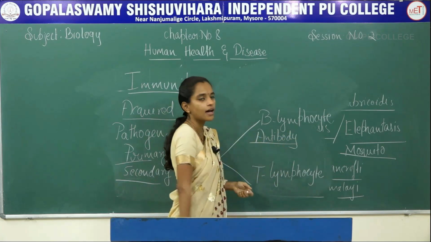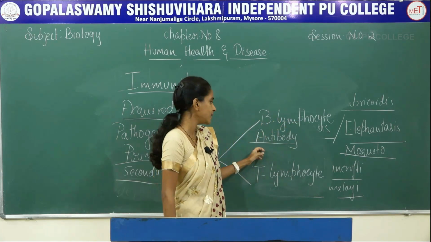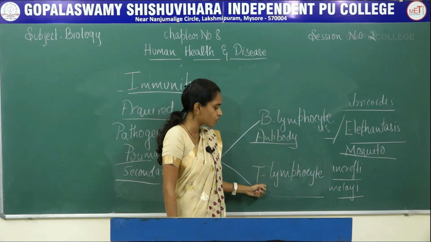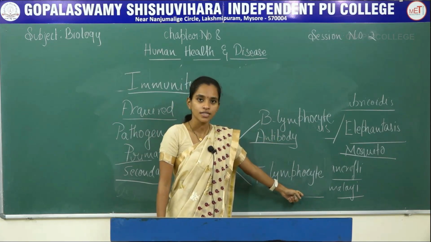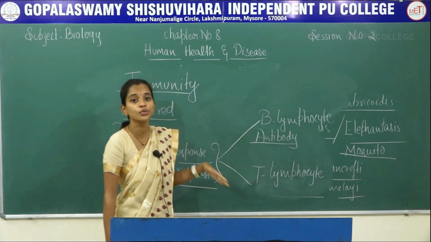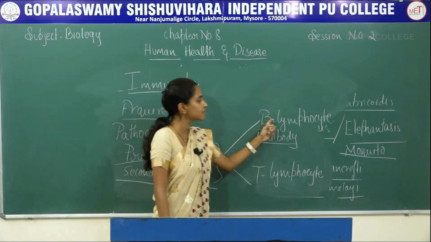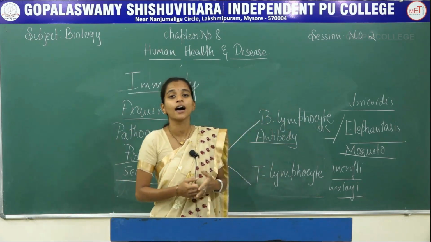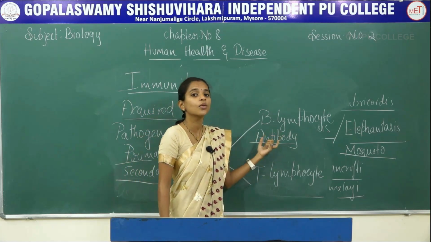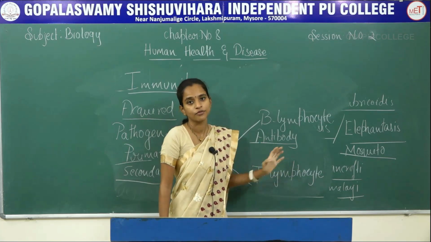The proteins released from the B lymphocytes will be antibodies. The growth and development of these antibodies is controlled by T lymphocytes. So B and T lymphocytes are produced in response to primary and secondary response. These B lymphocytes release the army of proteins, termed antibodies. The growth and development of these antibodies is controlled by T lymphocyte.